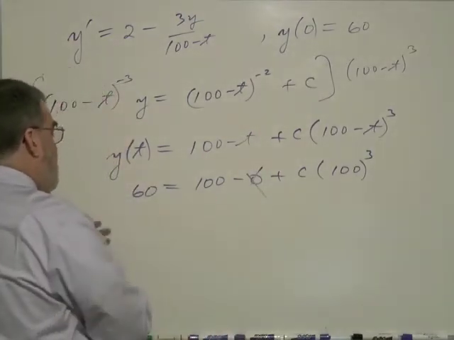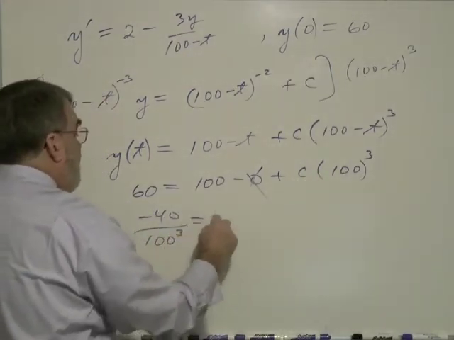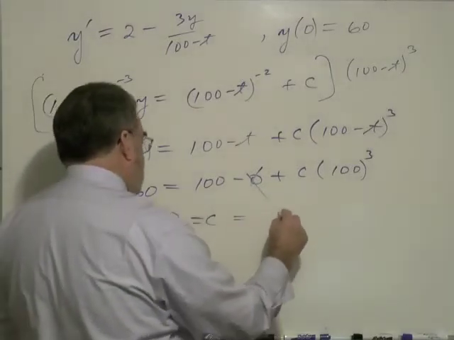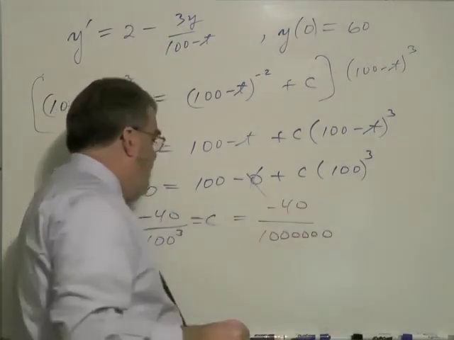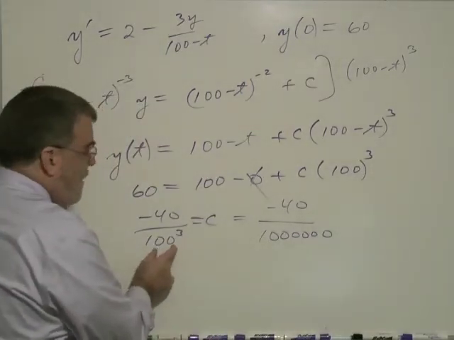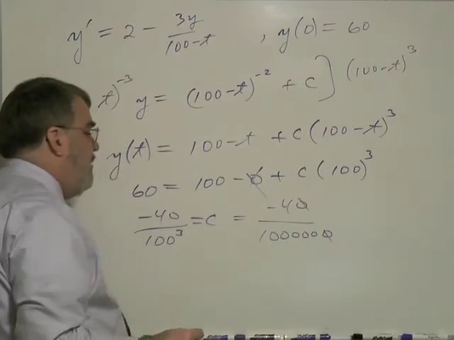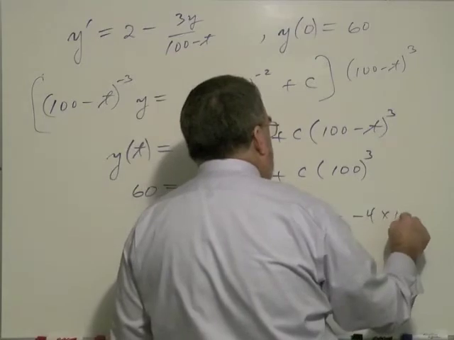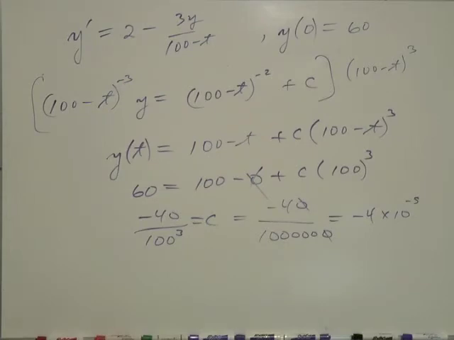I'm going to subtract 100 minus 40 and divide by 100 cubed. It's equal to c. There we go. Now that means that c is equal to negative 40 over 1 followed by 6 zeros, 1 million. So 100 cubed will be, this is 10 squared cubed is 10 to the 6th power. We can cancel that. And how about we write this in scientific notation? This is negative 4 times 10 to the negative 5th power. So that's one way to handle that constant c.